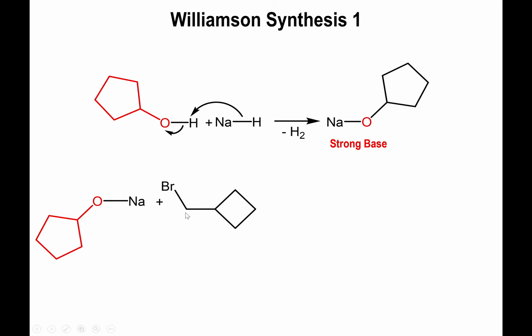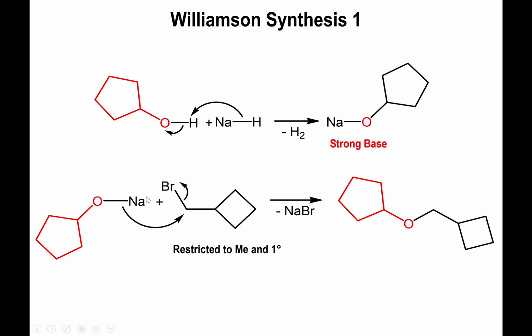Okay, so here with the bromide, we attack. We have the oxide electrons. Remember, once again, this is sodium plus and this is O minus with 3 lone pairs. So this is one of the lone pairs, technically speaking. That attacks that electrophilic carbon, the bromide takes off, and the bromide automatically combines with the sodium plus to precipitate out sodium bromide. And in the process, you generate your desired ether.